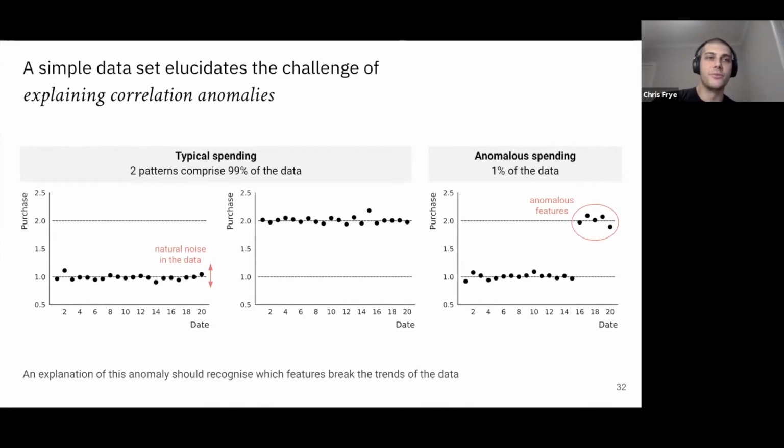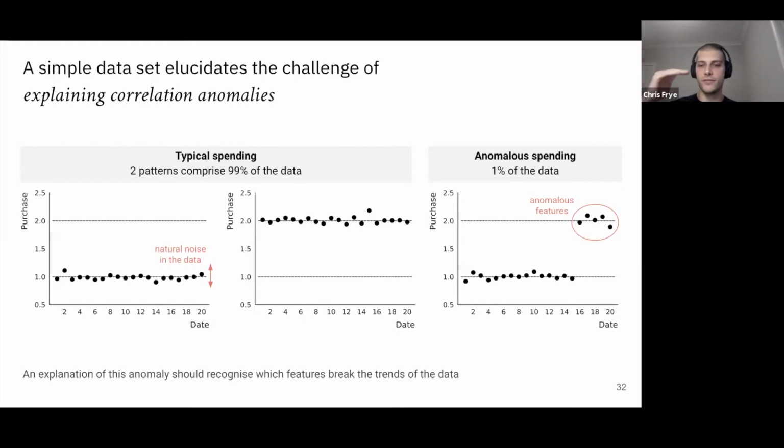And type 1 and type 2 spenders make up 99% of this synthetic data set. The other 1% is made up by anomalies. And these are spenders whose habits shift at some point in their history. So in the right-hand plot, the final 5 features should be considered anomalous because they break the correlations that exist across 99% of the data.